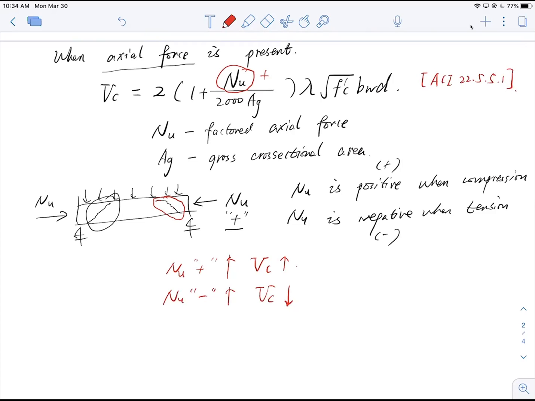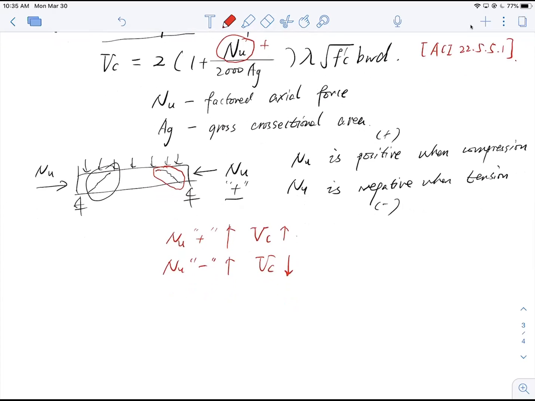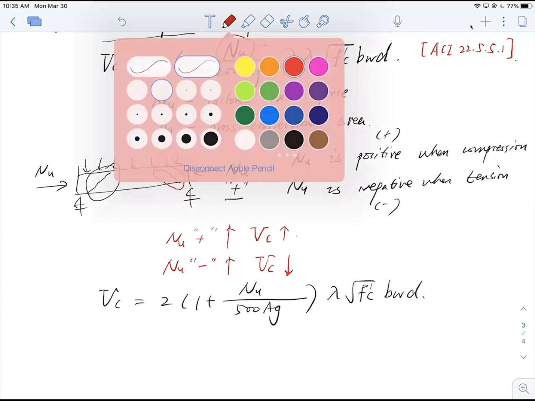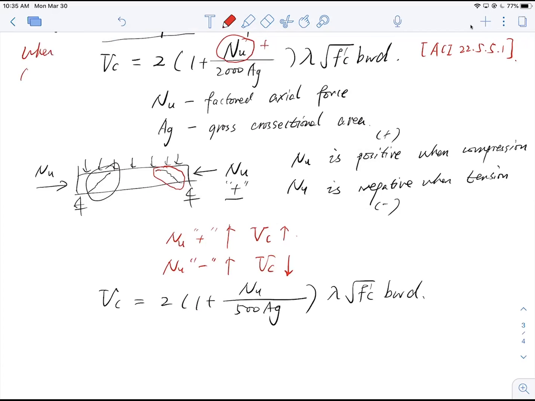Now, I have to say, if I have an axial tension force, my equation changes slightly as well. So let me go back. So Vc would equal 2, same thing here, 1 plus Nu divided by 500 Ag, and lambda square root f prime c bw d. And let me add something here. So this is when Nu is positive, or compression.